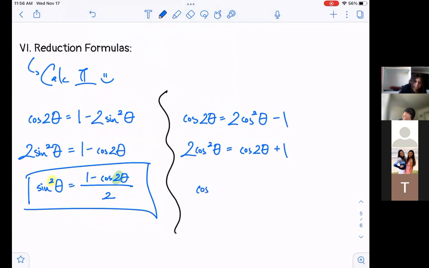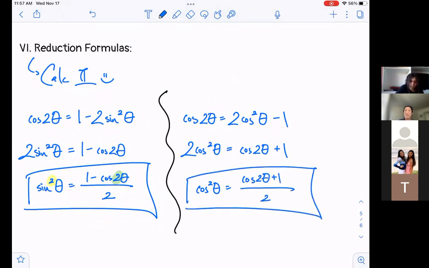And to get cosine squared theta by itself, I'm going to divide by 2. That, my friends, is the power reduction formula for cosine. This 2 is not a power. The green 2 is not a power, but this yellow 2 is a power of 2.